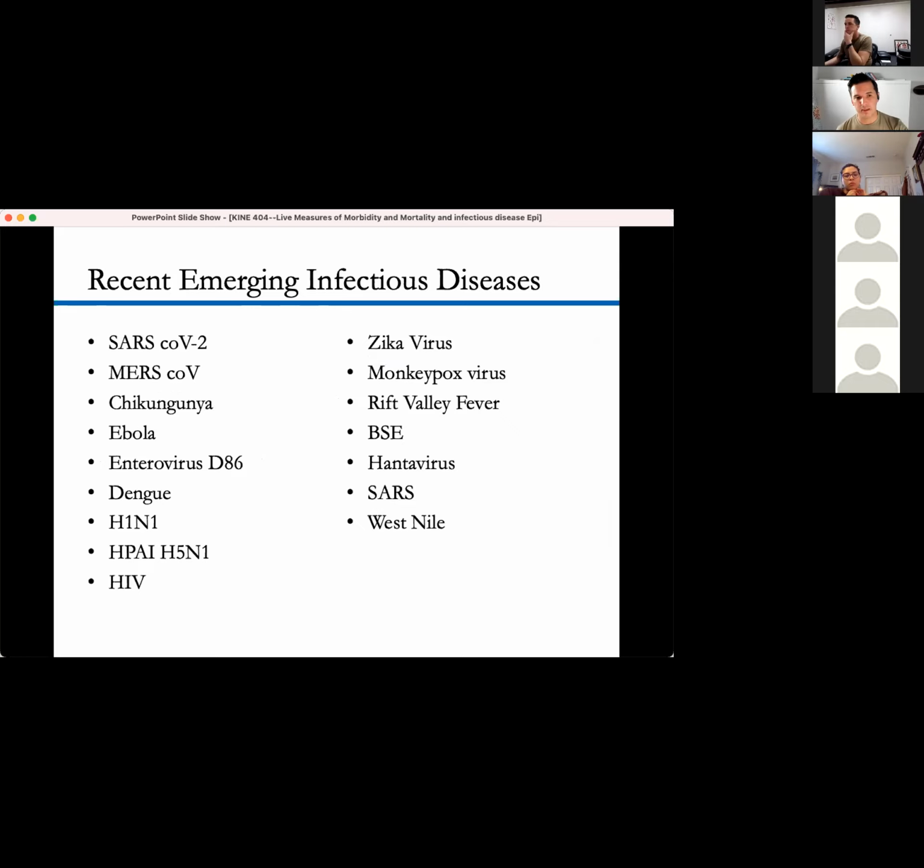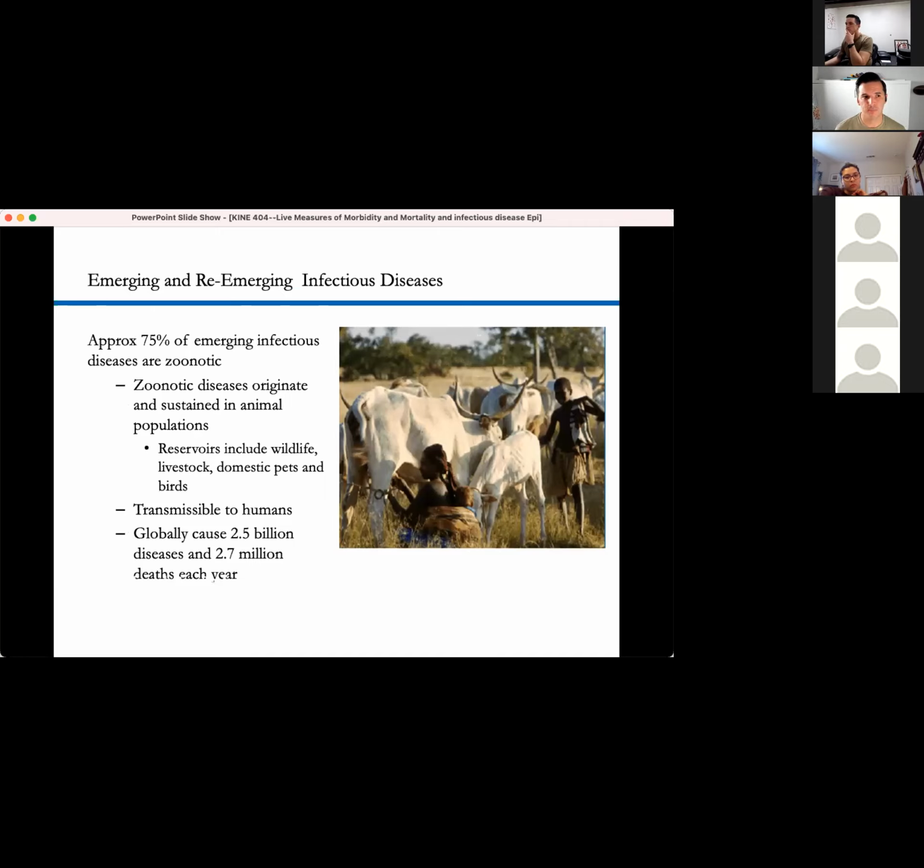And so these are just some examples of emerging infectious diseases: SARS-CoV-2, chikungunya, Ebola, dengue, H1N1, HIV in the 80s, monkeypox, and there's many, many others. And one thing that I want to mention is that the majority of infectious diseases in human populations are actually of what we call zoonotic nature.